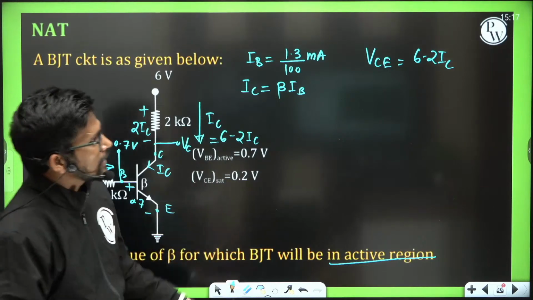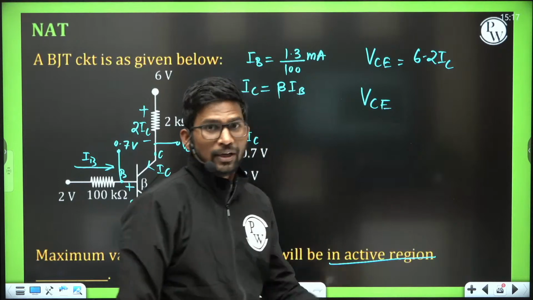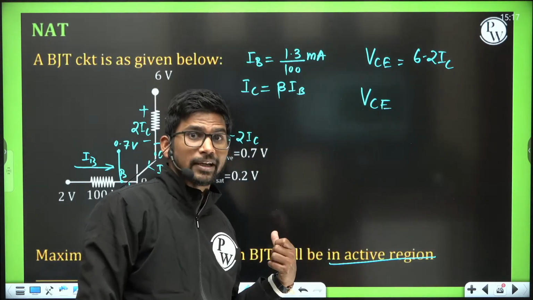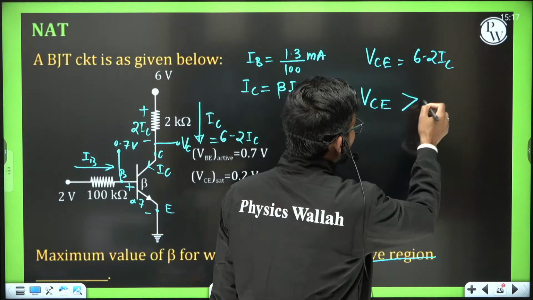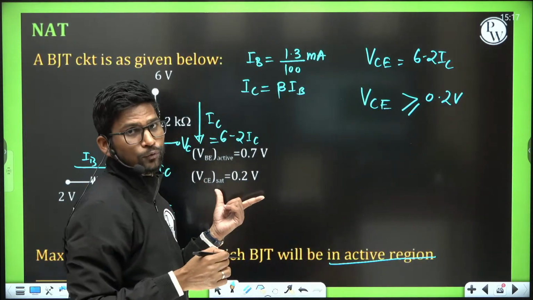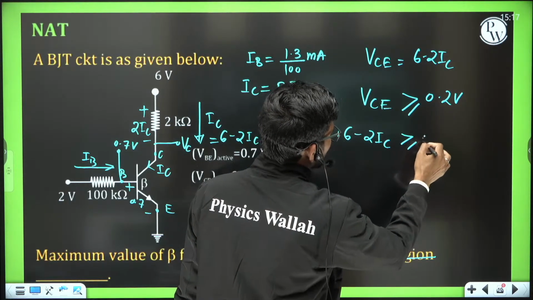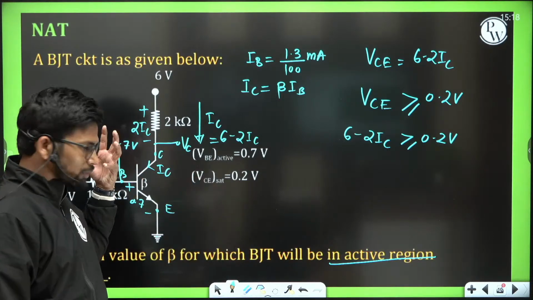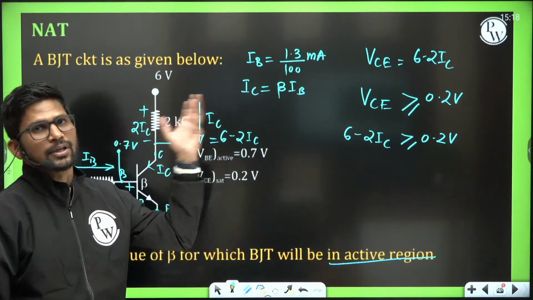So if the BJT has to be in active region for the calculated current, the value of VC must be greater than or equal to 0.2 volt, that is VC set. So 6 minus 2 IC should be greater than or equal to 0.2 volt. Then only the BJT will be in active region for the calculated current.